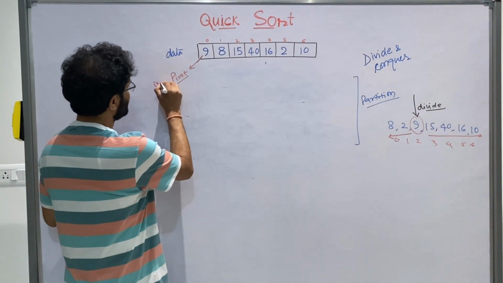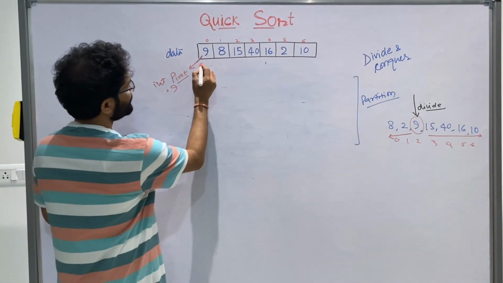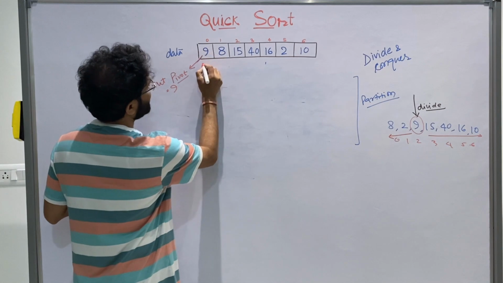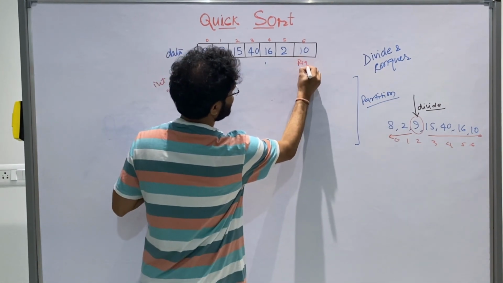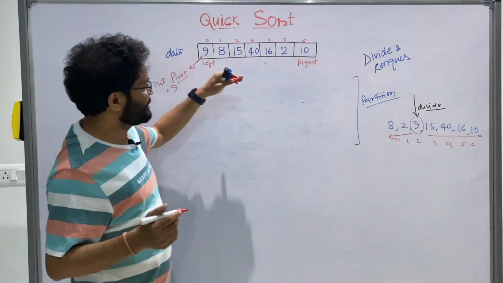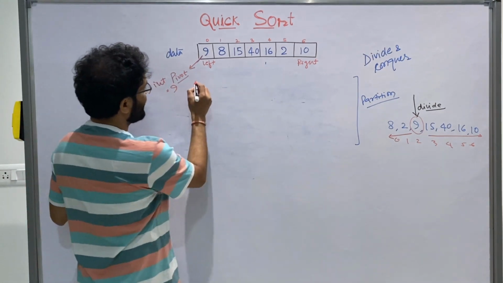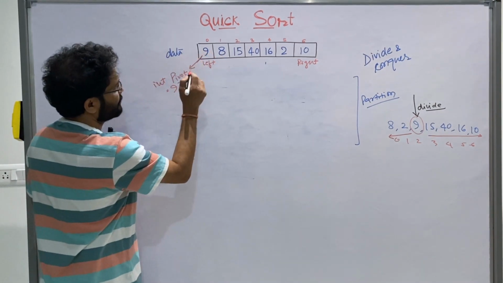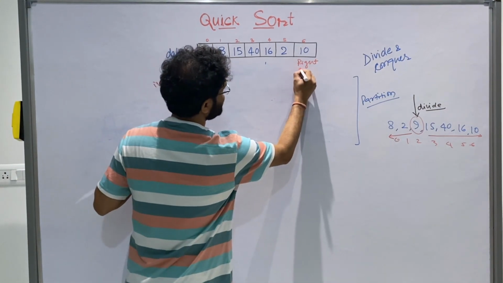So int pivot is equal to 9 here, and that is your left side and that is your right side. I will use two pointers, one going from this side, one coming from the other side. Start from here. This is my i and this is my j.